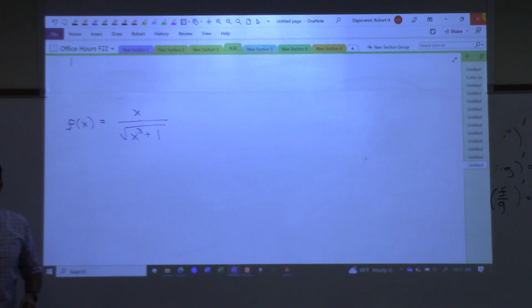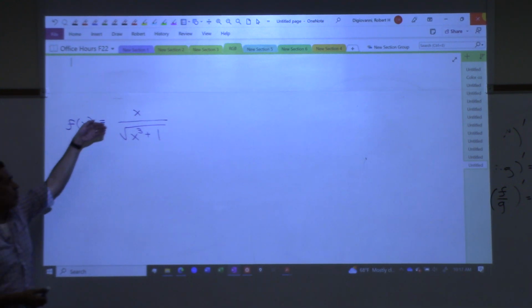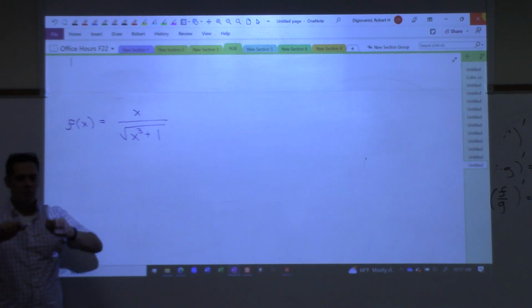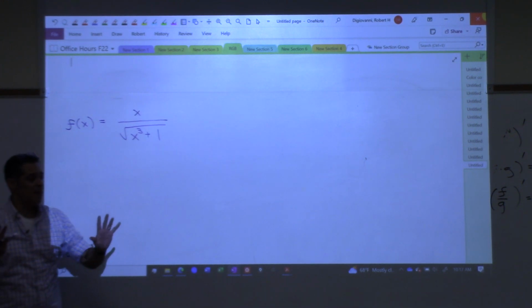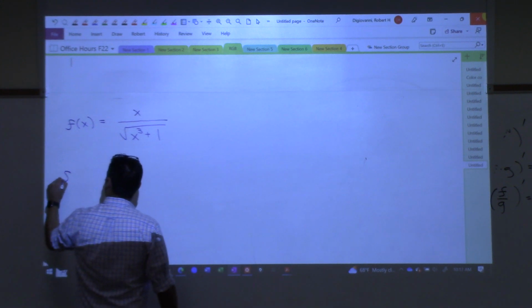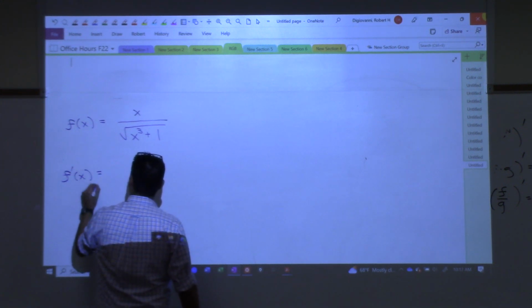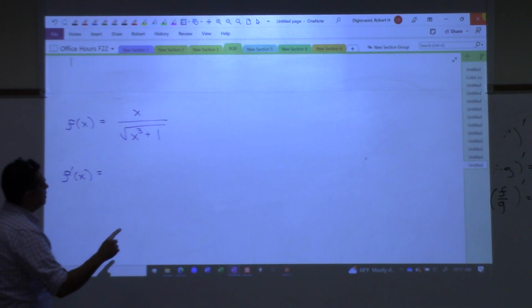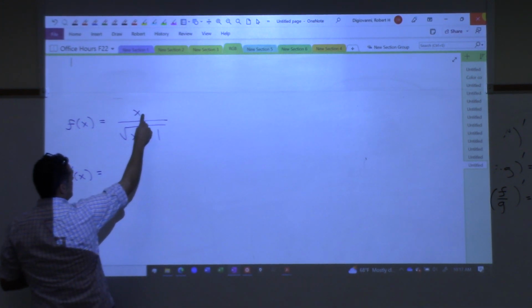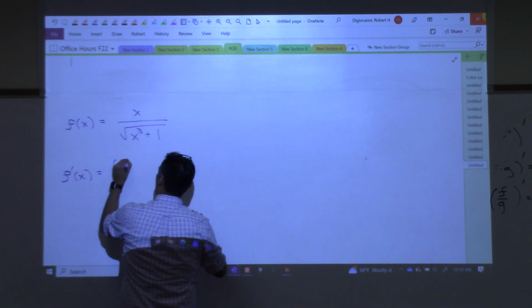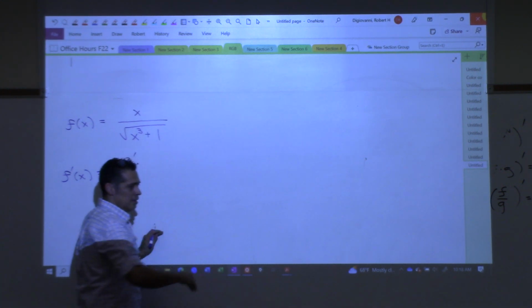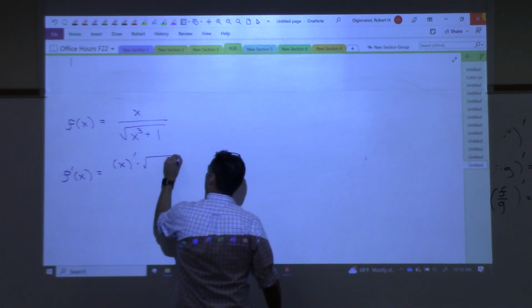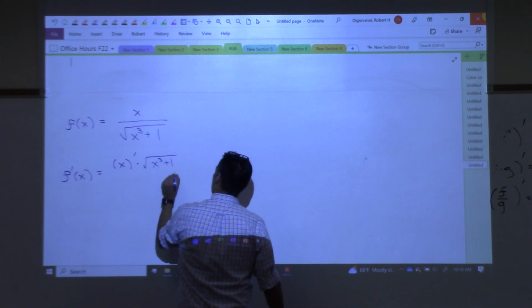Quotient rule. Very good. Everyone see that ultimately we have a quotient. Okay, let's set up the quotient rule. We're not going to take any derivatives. Let's just set it up. So the derivative here will be the prime of this, so the derivative of the top, times the bottom, square root of x cubed plus 1.